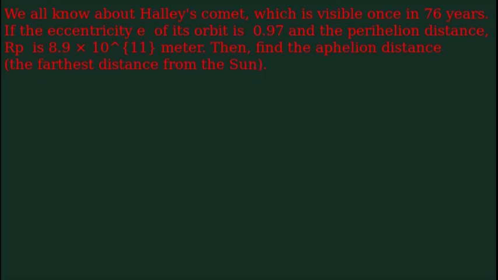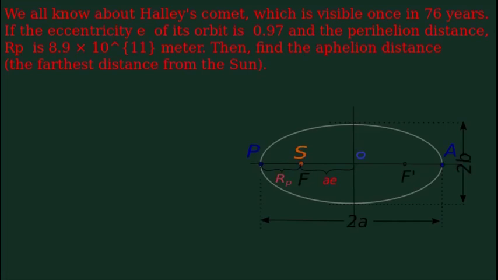Let's draw a diagram. From the first law, we know that the orbit is elliptical in nature and it has two focal points F and F prime. Here, the sun is situated at one of the two focal points, here at F, and this is the major axis.